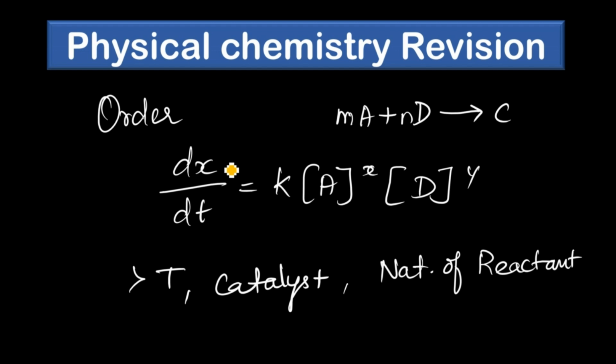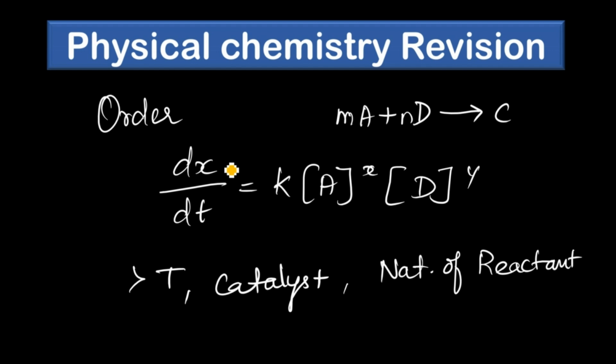In general, the order of the reaction is the sum of powers to which the concentration terms of the reactant must be raised to determine the reaction rate. Mostly the questions can be asked in statement type or in numericals.